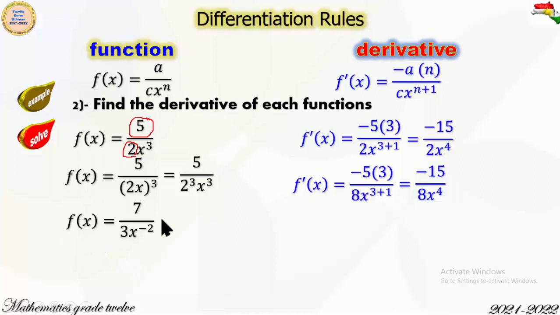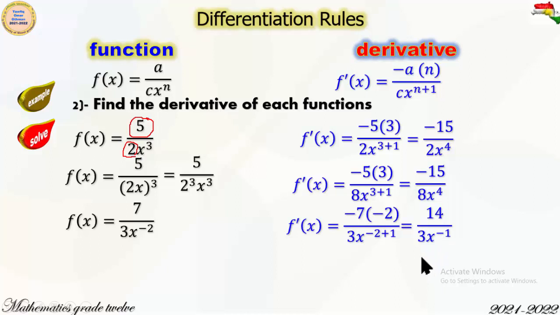You have two ways to solve this example. The first one, take this rule, f prime of x is equal to, write minus, then the numerator, then the power of x, which is minus 2, and then write the number at the denominator, then x to the power plus 1, which equals minus 7 times minus 2 is 14, over 3x to the power minus 2 plus 1, which is minus 1.